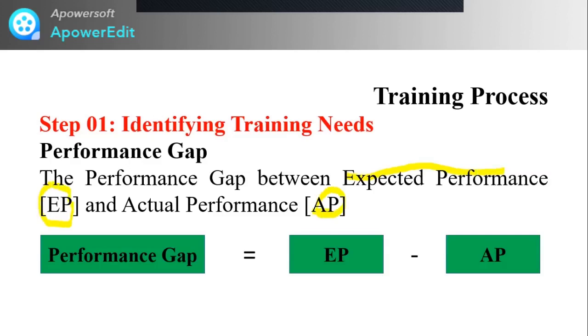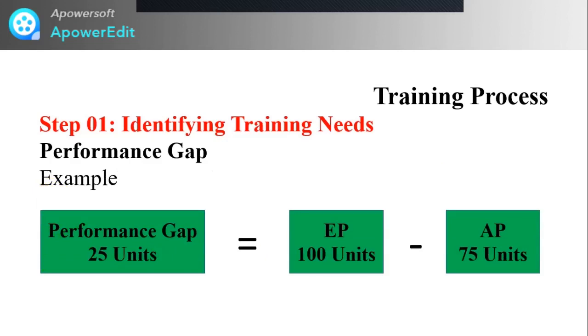The formula: performance gap is equal to EP minus AP, expected performance minus actual performance. For example, we are expecting 100 units, actual performance is 75, then there is a performance gap of 25 units.